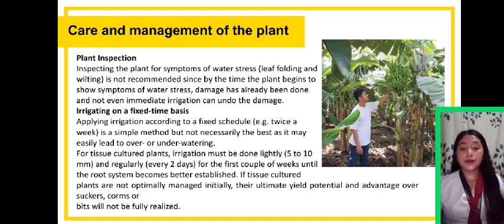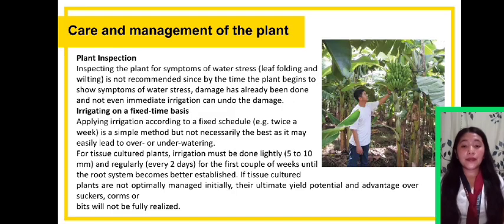For tissue cultured plants, irrigation must be done lightly, 5 to 10 mm, and regularly every 2 days for the first couple of weeks until the root system becomes better established. If tissue cultured plants are not optimally managed initially, their ultimate yield potential and advantage over suckers, corms, or bits will not be fully realized.